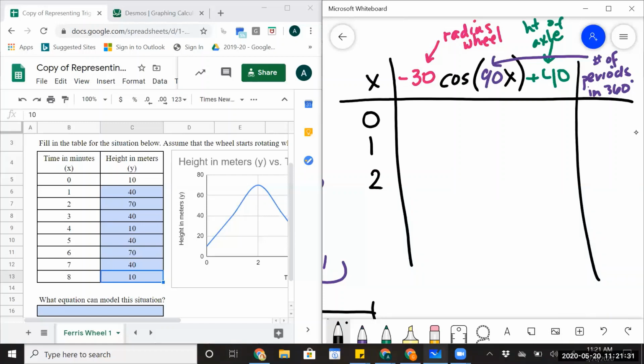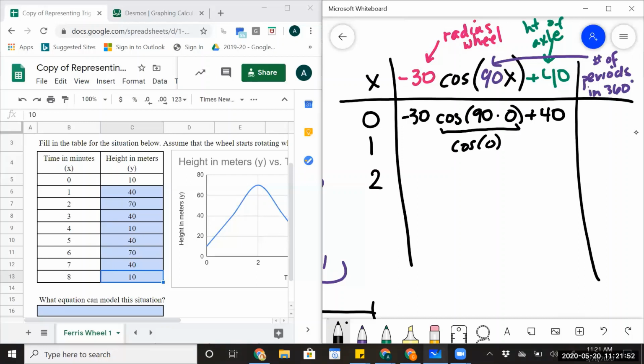I've got -30 cosine 90 times 0 plus 40. I'll show a little work first and then erase that out. This simplifies to cosine of 0.